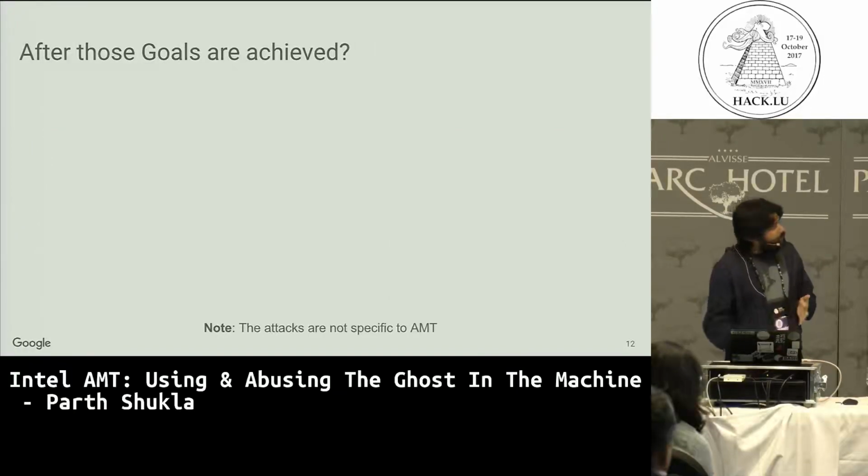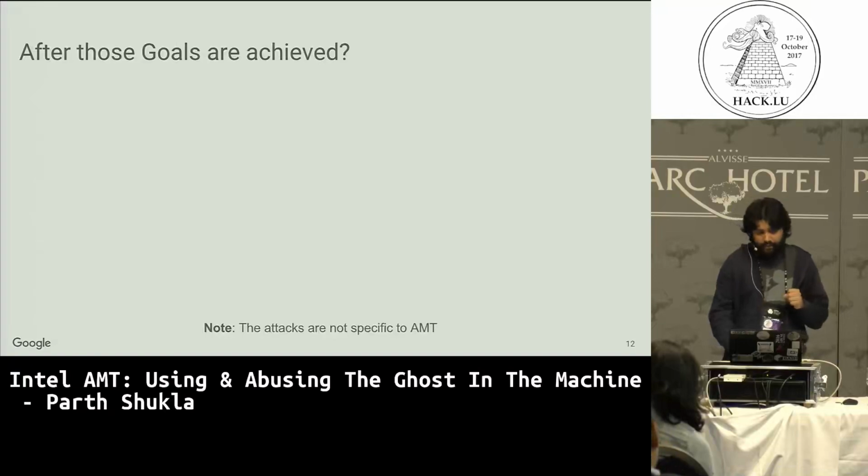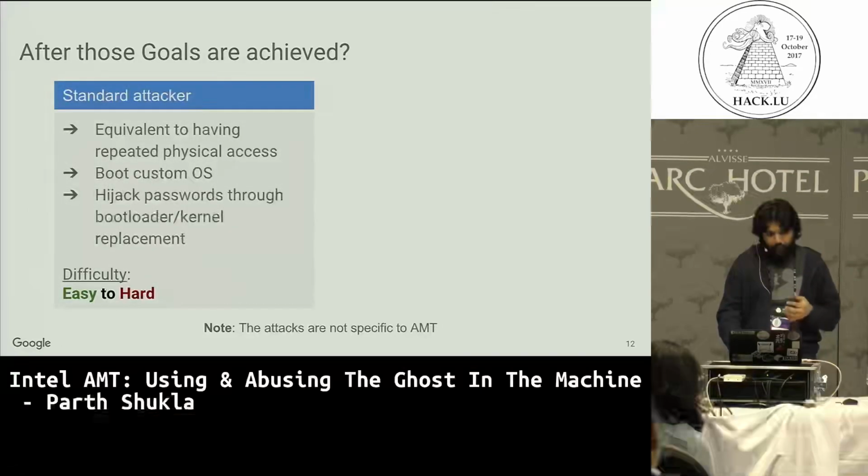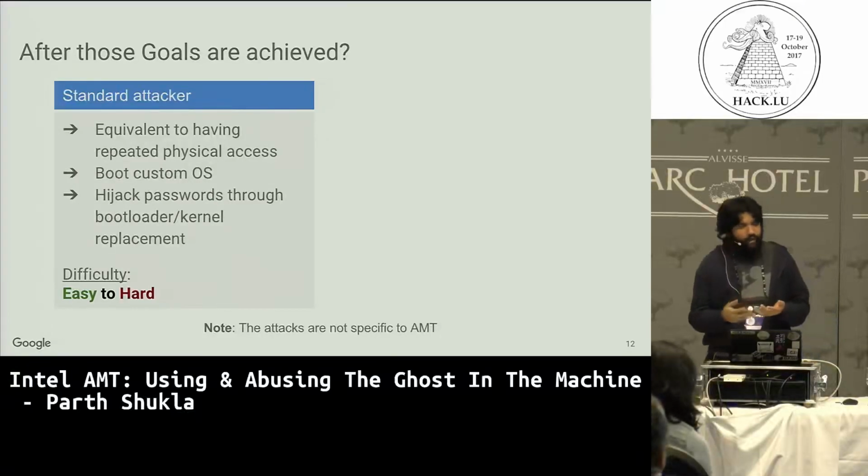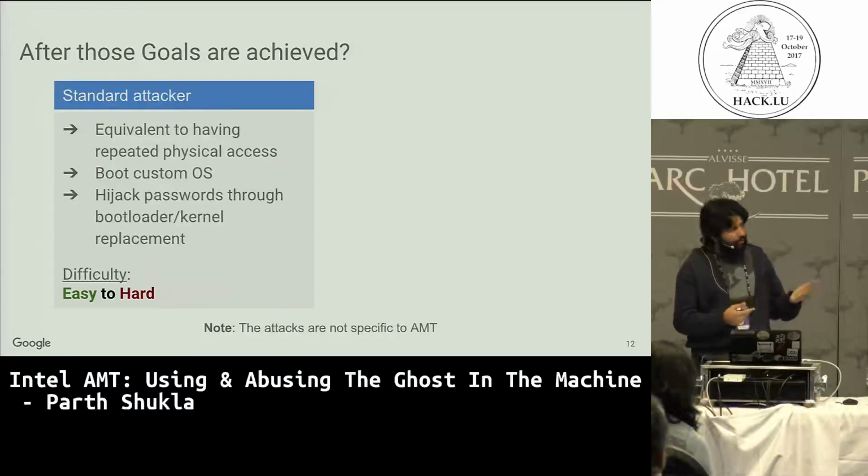Before we jump into that, let's quickly cover what to do afterwards. I didn't carry any of these out as part of this exercise since there's nothing AMT specific about this. But this is just so you can see an end-to-end. What do you do after you have AMT control? If you're a standard attacker, you can use AMT to restart the machine, boot your own disk, replace unencrypted boot parts on the hard drive, and use that to hijack the boot password.